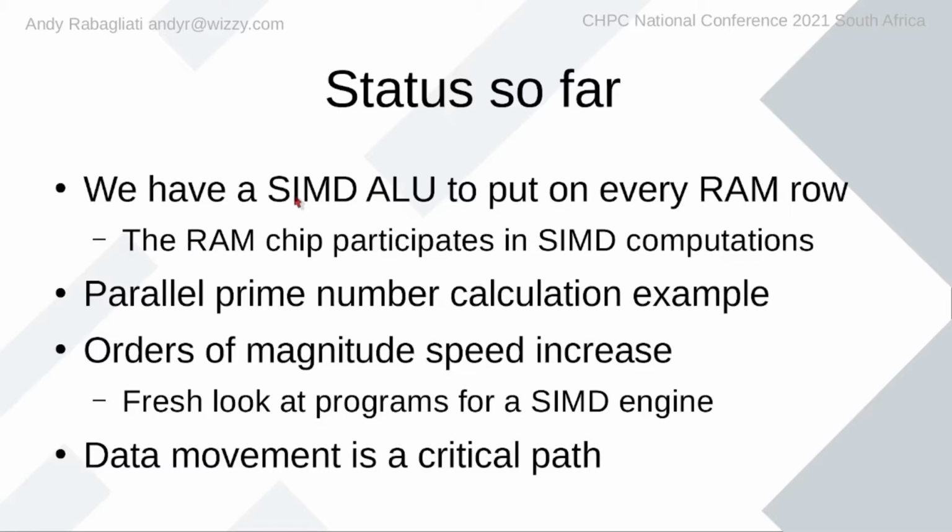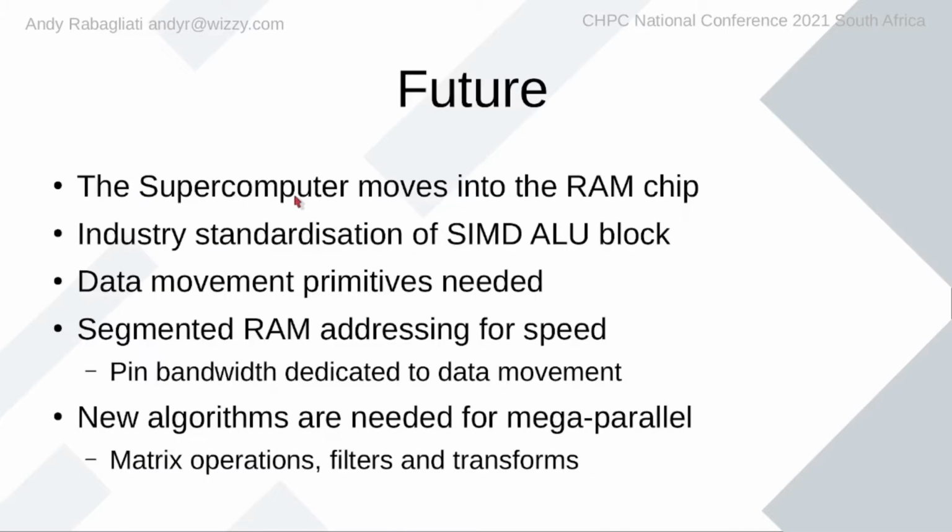The algorithms and the programs that we need to write for the SIMD engine to take advantage of it will require a fresh look at the problems that need to be solved. Movement of data is definitely a critical path in a machine like this.